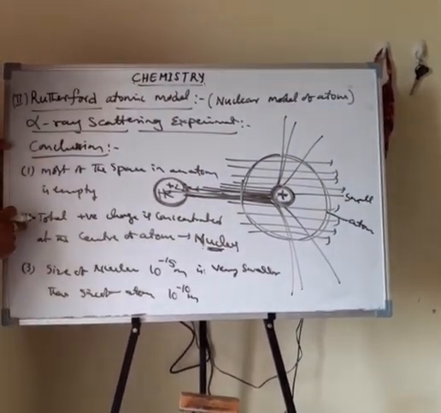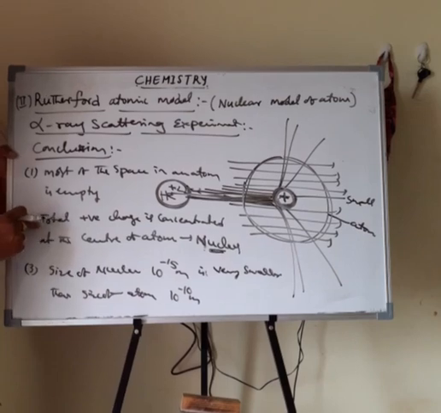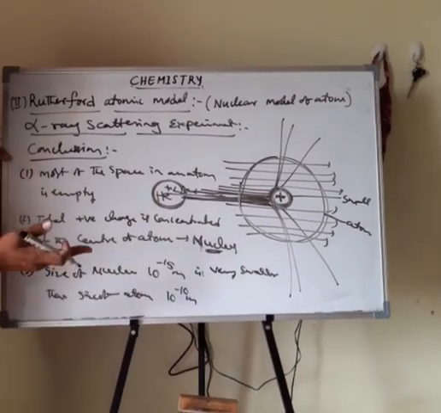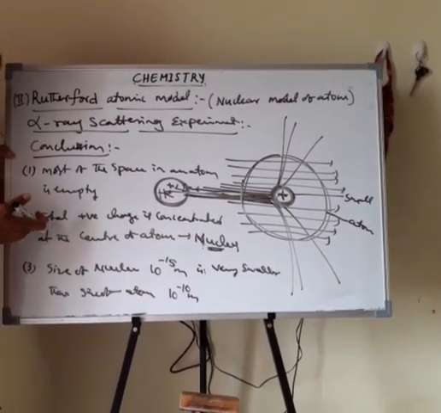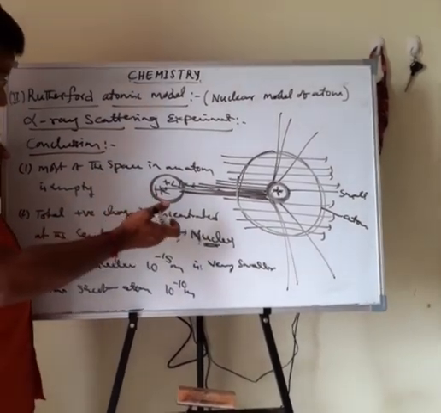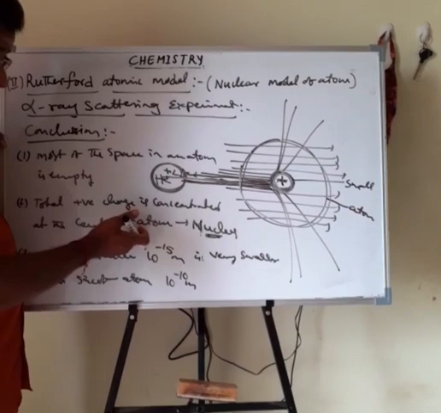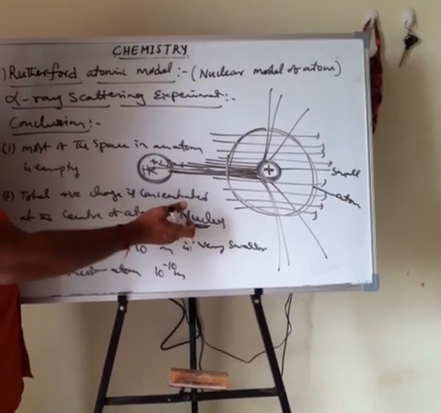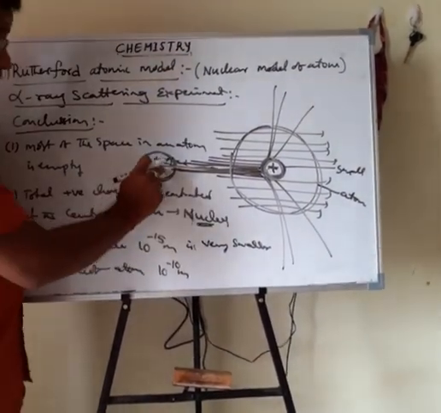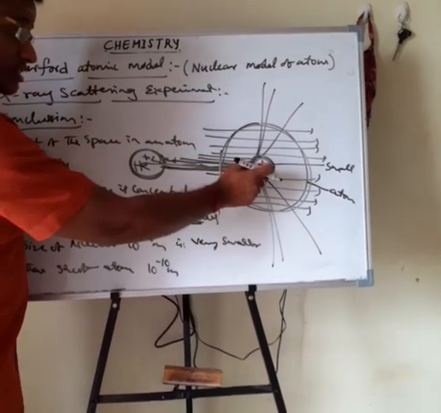From that, it was concluded that the alpha particles have positive charge, and the total positive charge of the atom is concentrated at its center. That positive charge sphere is called the nucleus. Due to the alpha particles' positive charge, the nucleus is also positively charged.